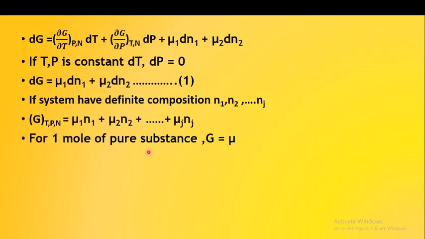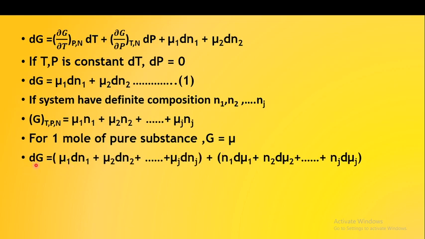For 1 mole of a pure substance, we know that G is equal to mu. Therefore, we can write dG is equal to mu1 dn1 plus mu2 dn2 up to muj dnj plus, in the next bracket, n1 d mu1. Here the number of moles change, that is n1, n2, nj, and the chemical potential changes, that is d mu1, d mu2, d muj.